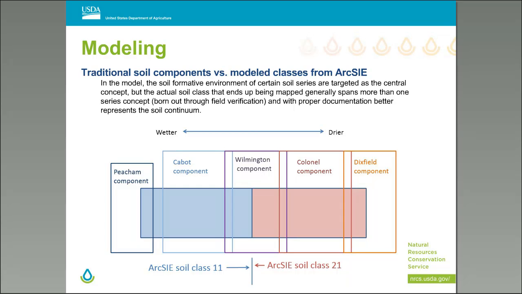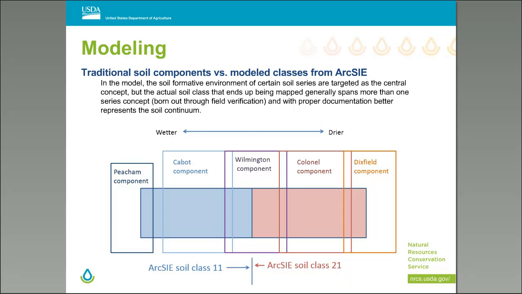So what you're looking at here is the horizontal blue and reddish boxes, which are 2 of the soil classes that end up being modeled, and you'll see what those look like in a minute. And then overlaid by the actual series-based components and the definition of each of those series and how they occur. So you can see that, for example, Wilmington right there in the middle, it occurs in both of those soil classes, and that's okay.